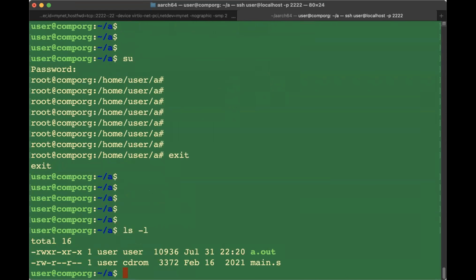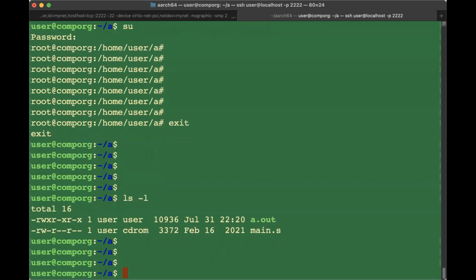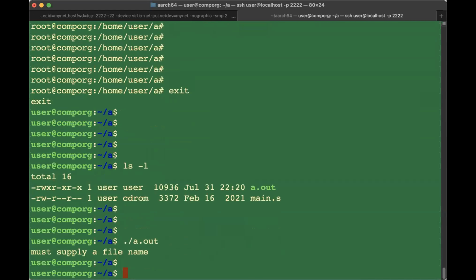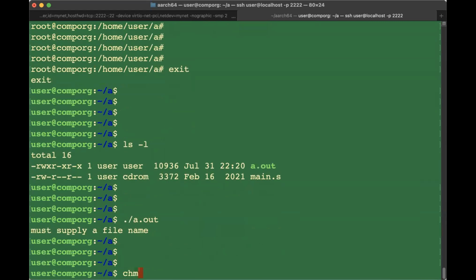So you've got read, write, execute for user, the owner, the group, and everyone else. Now, execute is going to be true for anything that you care to execute. So ./a.out, I don't even know what program this is. But now I'm going to change the mode of the file, chmod it, and I'm going to make it 444 a.out.